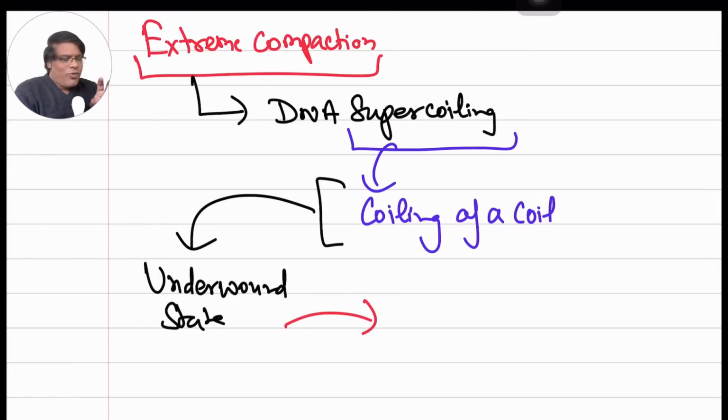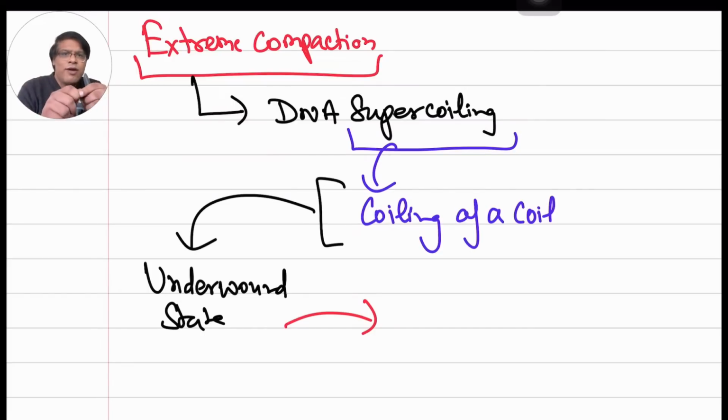Now, one important thing to keep in mind: you have a very small space, 5 micrometers. Within the 5 micrometer space, 2 meters of DNA has been packed. But it has not been packed in a tight fashion. Within the cell, all the processes, transcription and DNA replication, occur at a normal temperature.